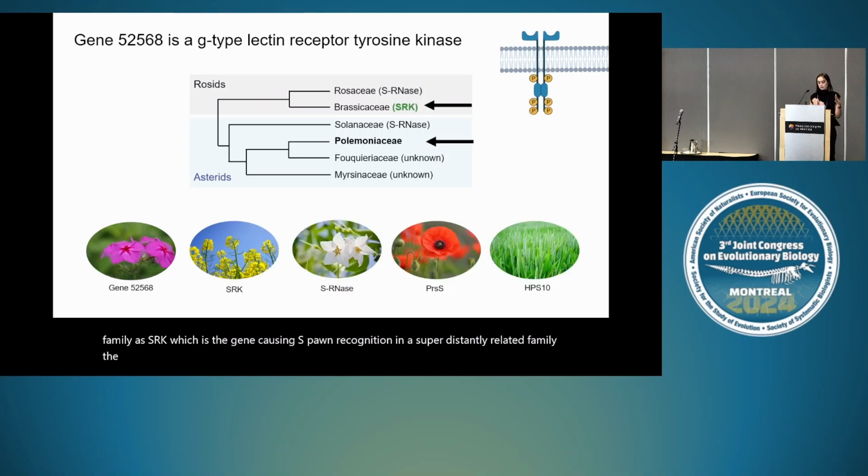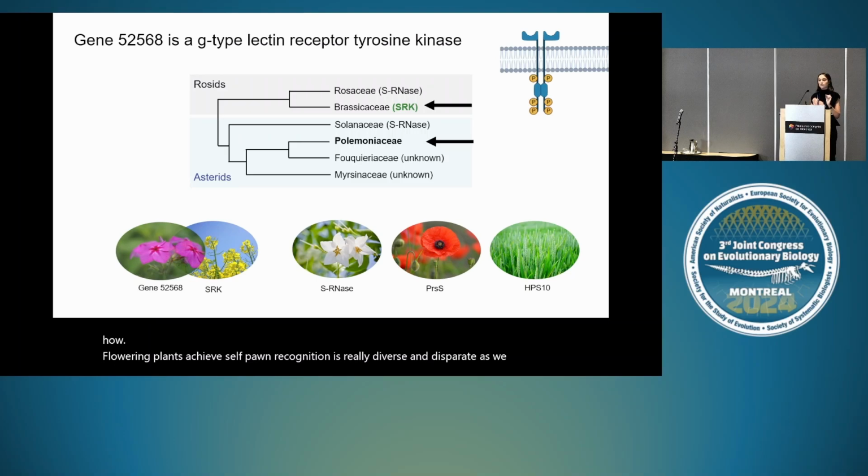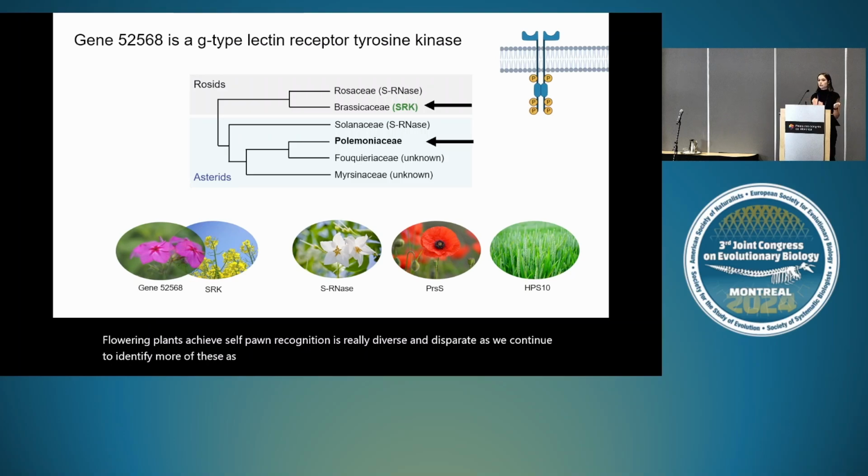And so I think that while at present it may appear that the genetic identity for how flowering plants achieve self-pollen recognition is really diverse and disparate, as we continue to identify more of these S loci, we may be able to learn from commonalities or repeated patterns to better understand how self-incompatibility evolves and functions.